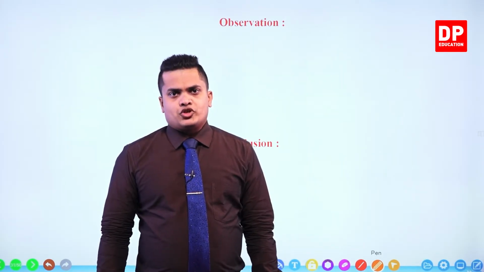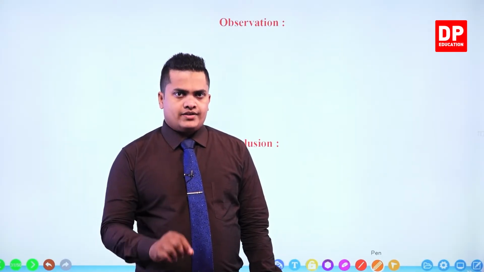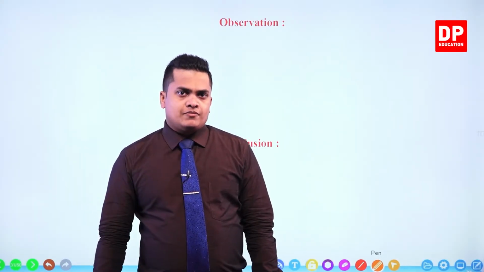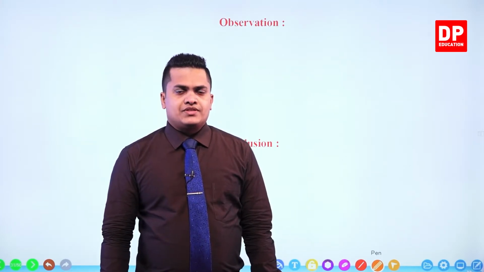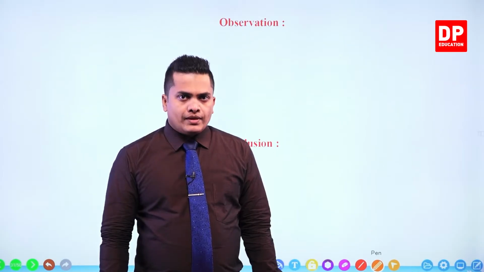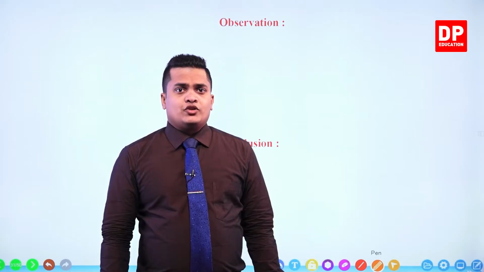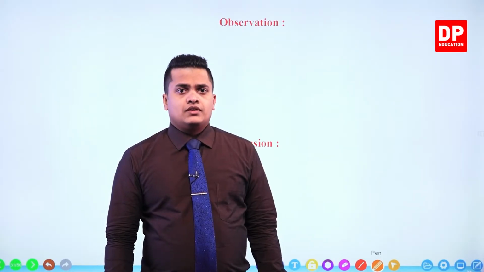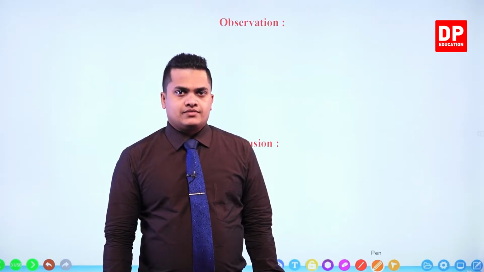The second observation is that when I observe the surface of the iron nail, a brownish color substance can be observed on the iron nail. And also within the boiling tube, within the solution, I could observe some amount of brownish color substance.